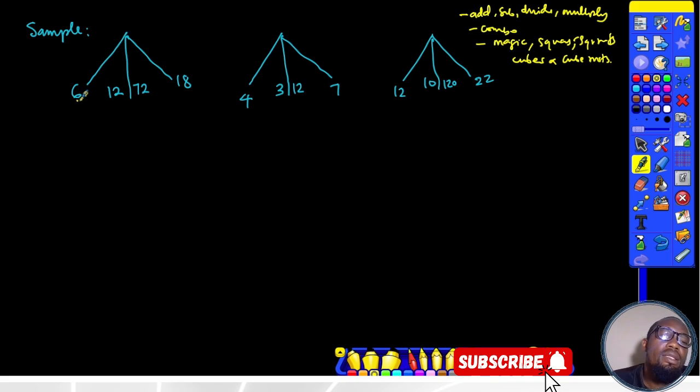So as I can see, 6, 12, there's already a relationship. 6 times 2 gives us 12. Or 12 divided by 6 gives us 2. 12 divided by 2 gives us 6. And we are seeing that somehow even 6 times 12 gives 72. And 6 plus 12, so a combo now, 6 plus 12 gives us 18.